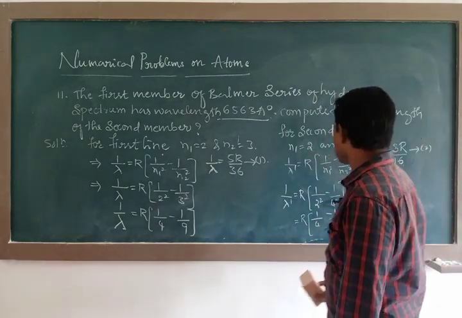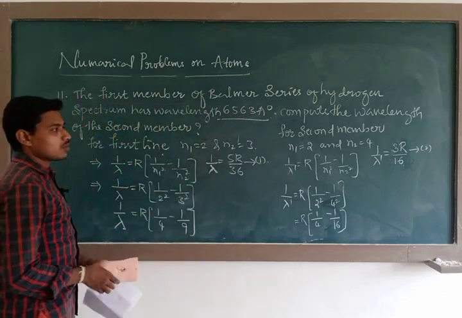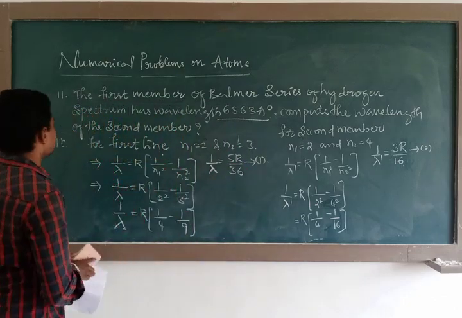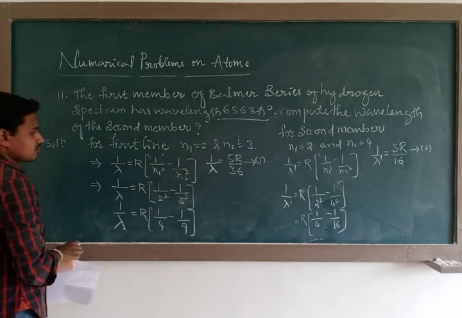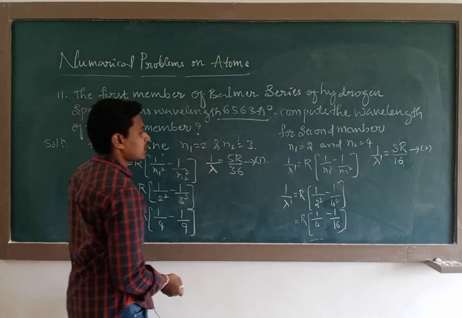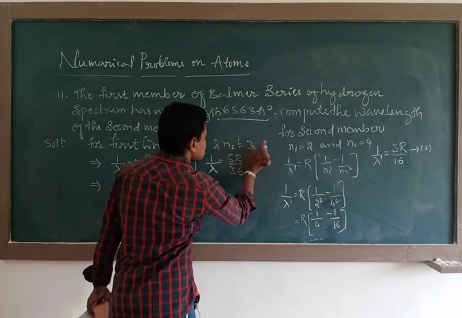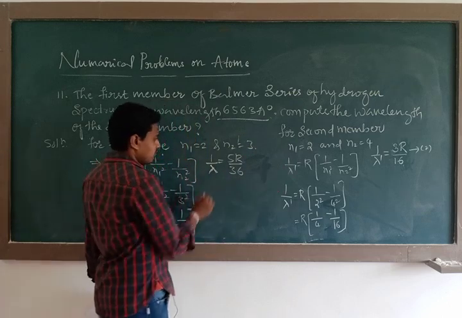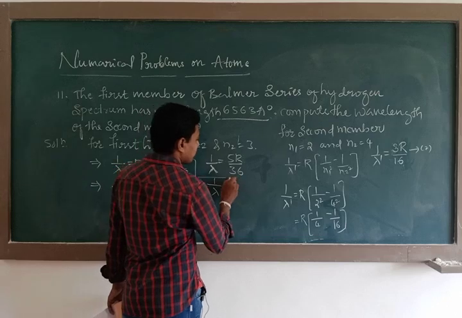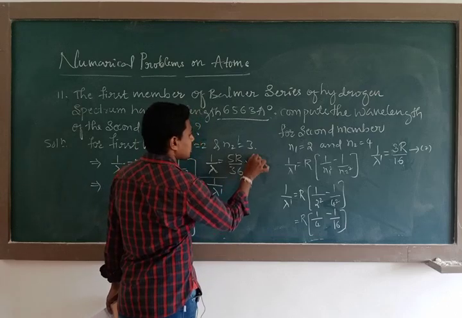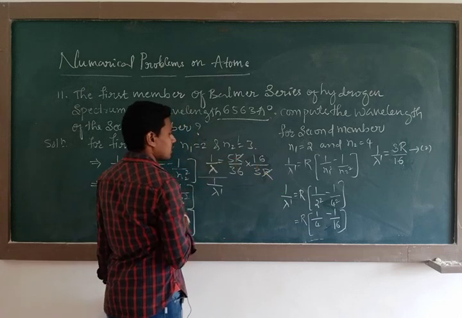Dividing equation 1 by 2, what happens? If I divide equation 1, 1 by lambda is equal to 5R by 36, upon equation 2, 1 by lambda dash is 3R by 16, that becomes 16 by 3R. R and R get cancelled.